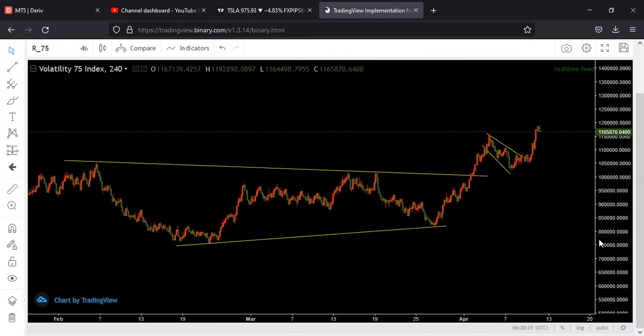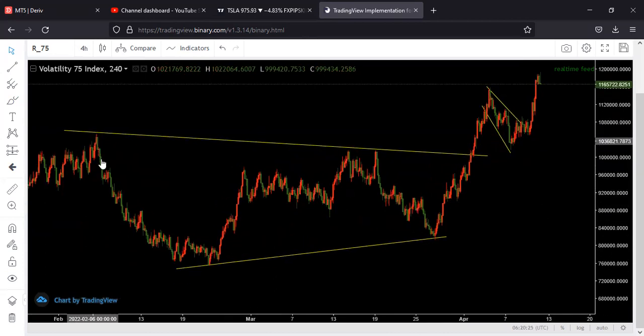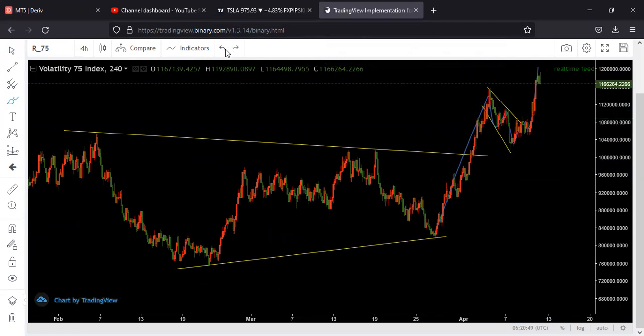So now, guys, you have identified that after this big correction here, we had an impulsive move to the upside, then a continuation, which is a bullish flag, then boom, we are waiting for this breakout at this point level.